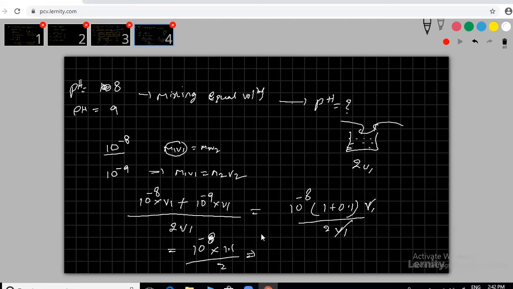This is approximately 0.55 into 10 power minus 8, and taking the negative logarithm you get a pH value of 8.26. Understood? Fine.